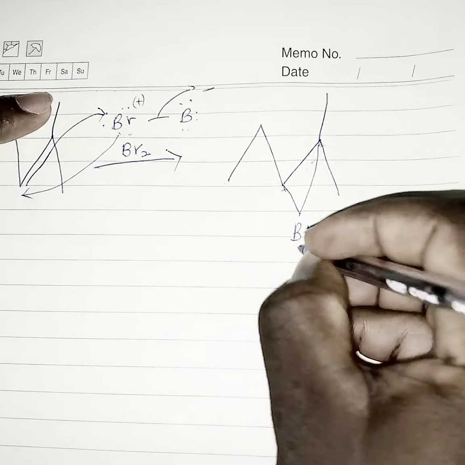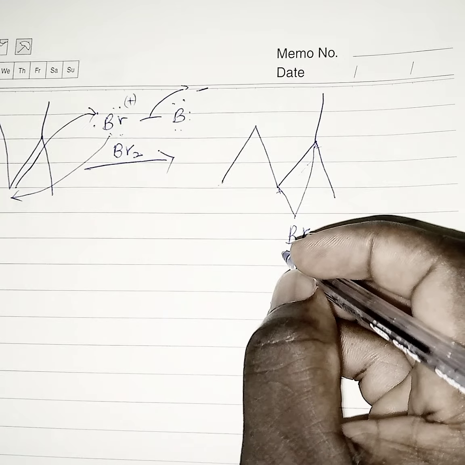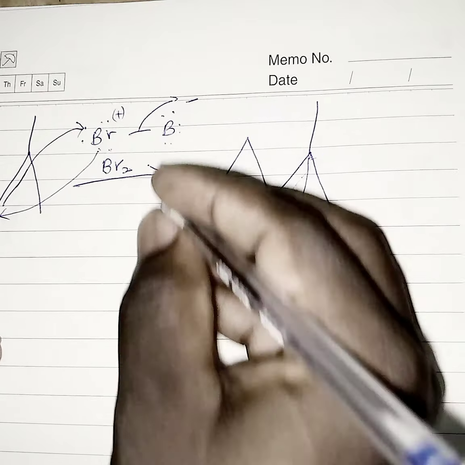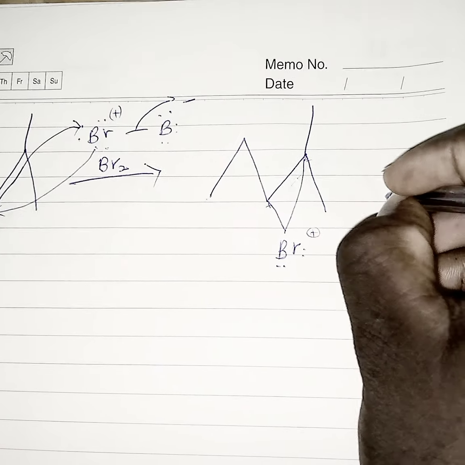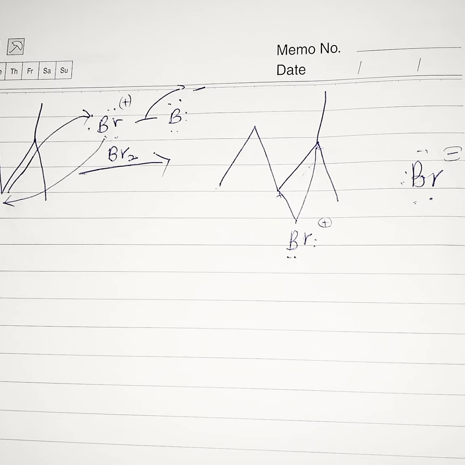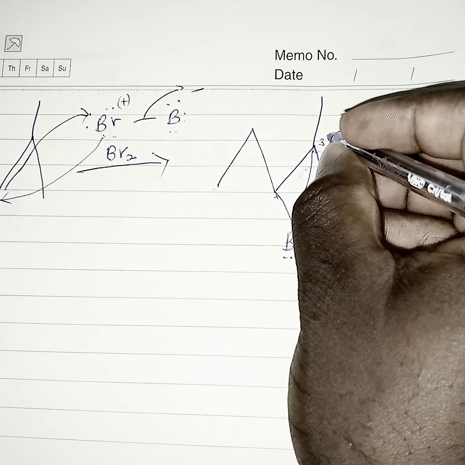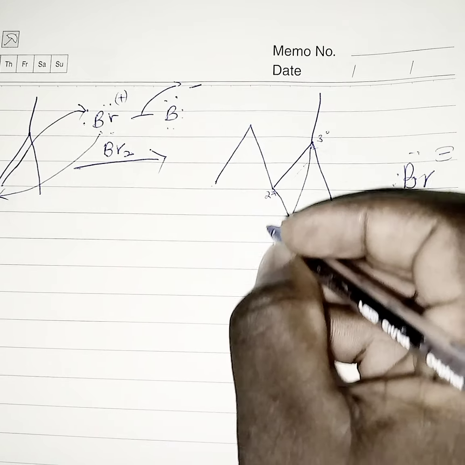So we'll have something like this, something like that. So when we have something like this, this is the positive charge. So the negative bromine, this is the negative bromine, having something like this. So this is a tertiary carbocation, and this is a secondary carbocation.